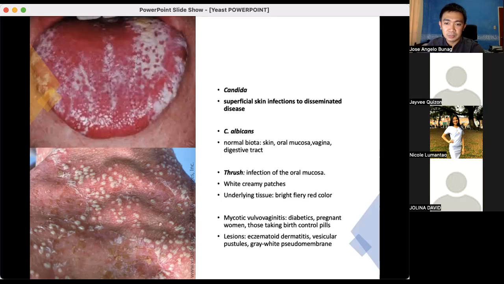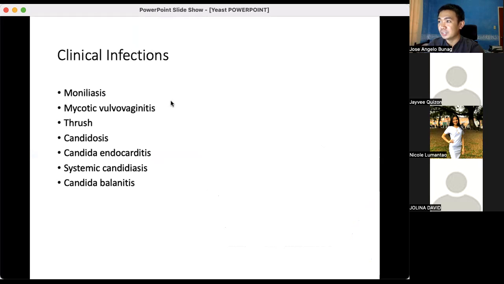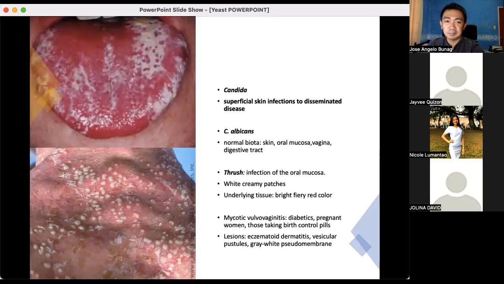So this is some infection that may cause disease to our patient. So yung ating Candida. So on the previous slide, ito po yung mga disease associated with your yeast or your Candida. Later, pag-usapan natin yung ating mga laboratory method, specifically your germ probe.